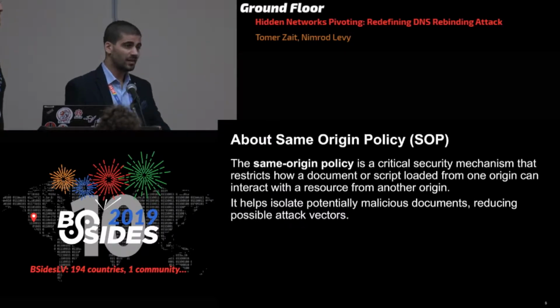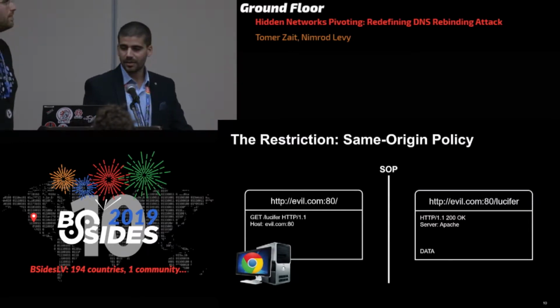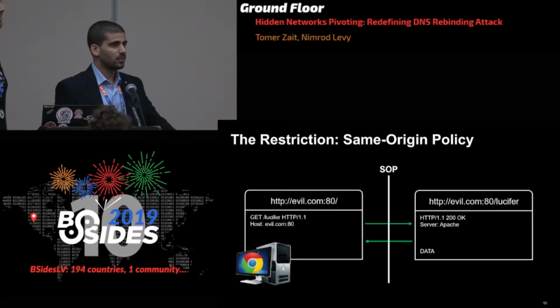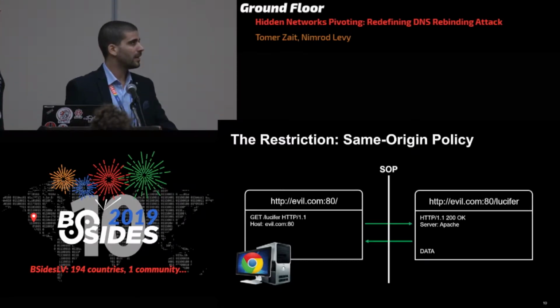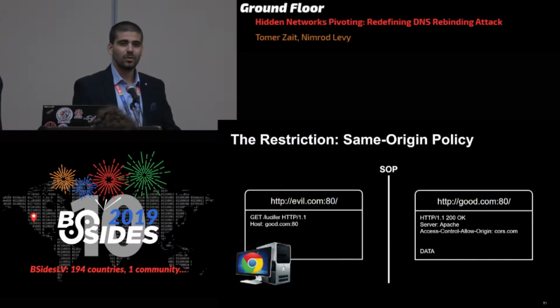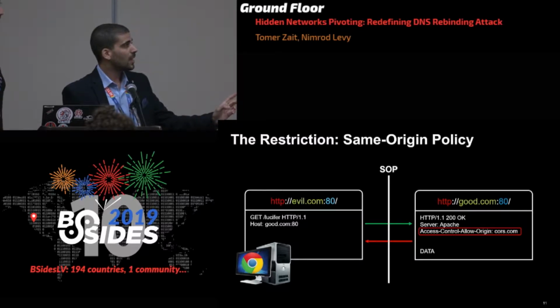If one of the checks fails, your request will be blocked. In this example, you can see that evil.com is trying to retrieve the Lucifer file. The request will be allowed because there is no violation of the same origin policy. But if evil.com tries to get a resource from good.com, the request will be blocked because evil.com is not allowed to get access to good.com.